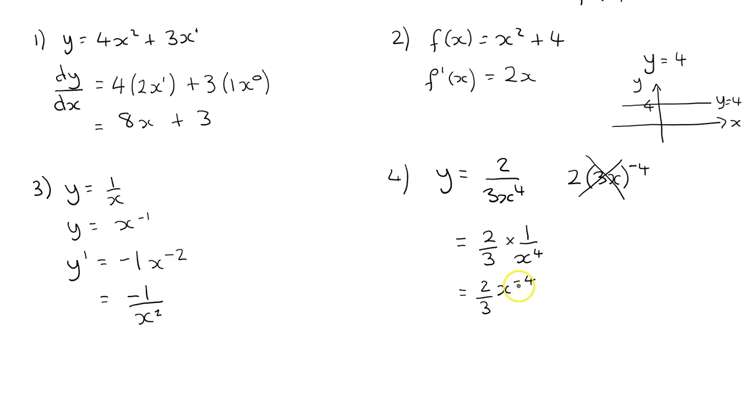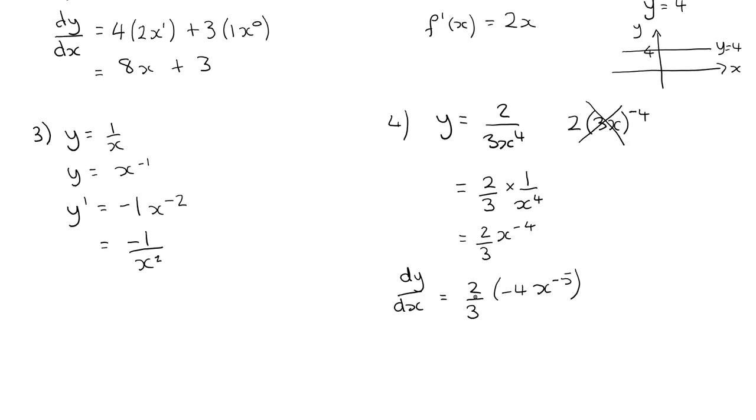The minus 4 comes down as a coefficient to find the derivative. So dy dx is equal to 2 over 3 stays. We've got minus 4 x to the, and the power drops by 1. So minus 4 minus 1 becomes minus 5.